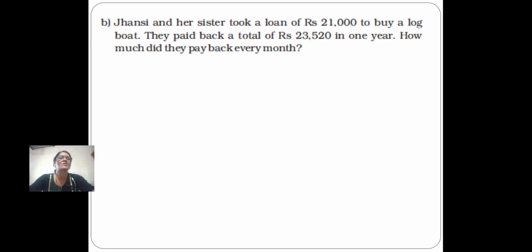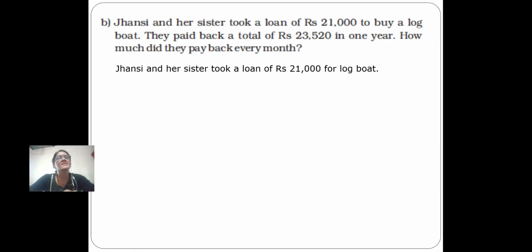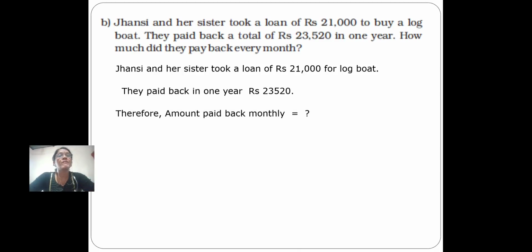Okay, come on, let's solve this sum now. Jhansi and her sister took a loan of rupees 21,000 for a log boat, right? Yes, they paid back in 1 year rupees 23,520. Okay, next. Therefore, amount paid back monthly.